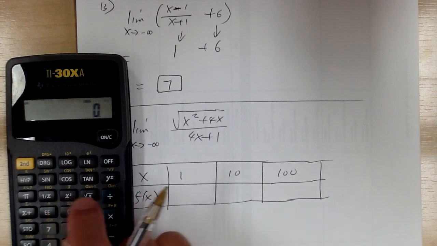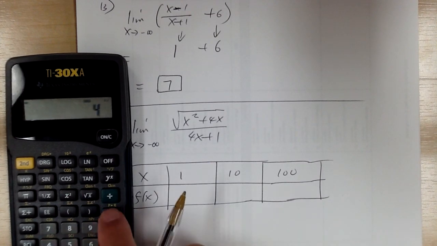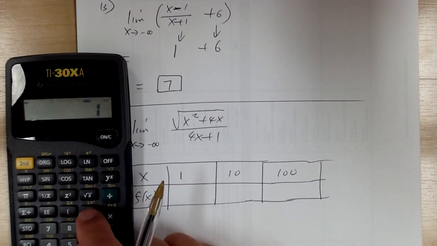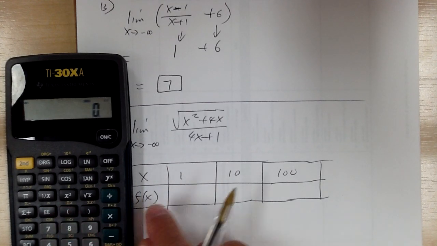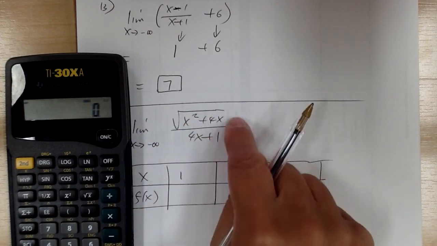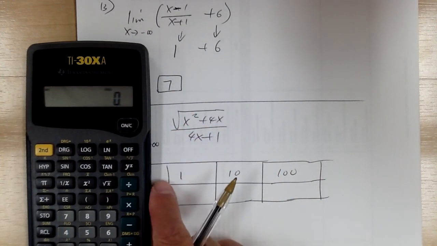So I'm going to use a lot of parentheses. I'm going to get 1 squared plus 4 times 1, closing parentheses, divided by parentheses. Make sure you have parentheses for the top and for the bottom. Go back, I forgot the square root.